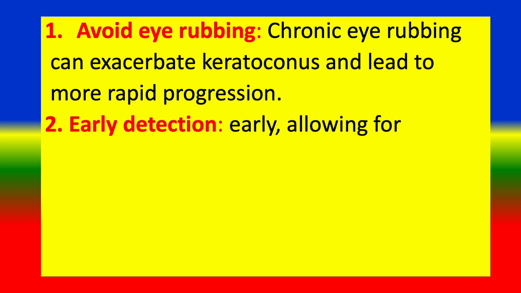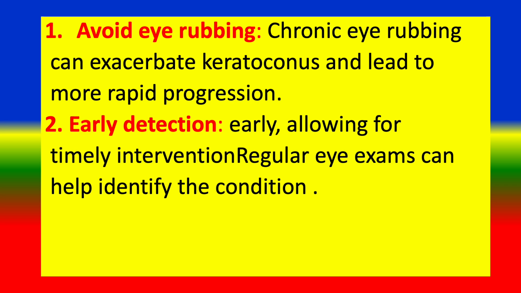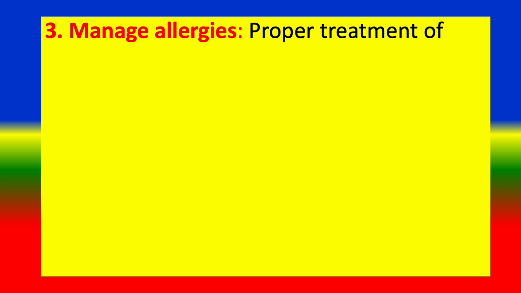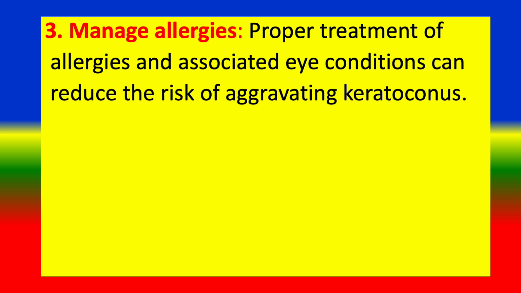2. Early detection. Regular eye exams can help identify the condition, allowing for timely intervention. 3. Manage allergies. Proper treatment of allergies and associated eye conditions can reduce the risk of aggressive keratoconus.